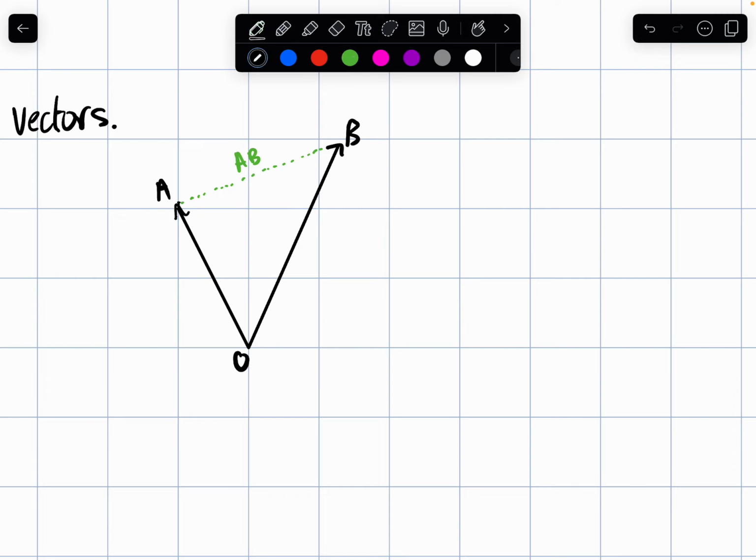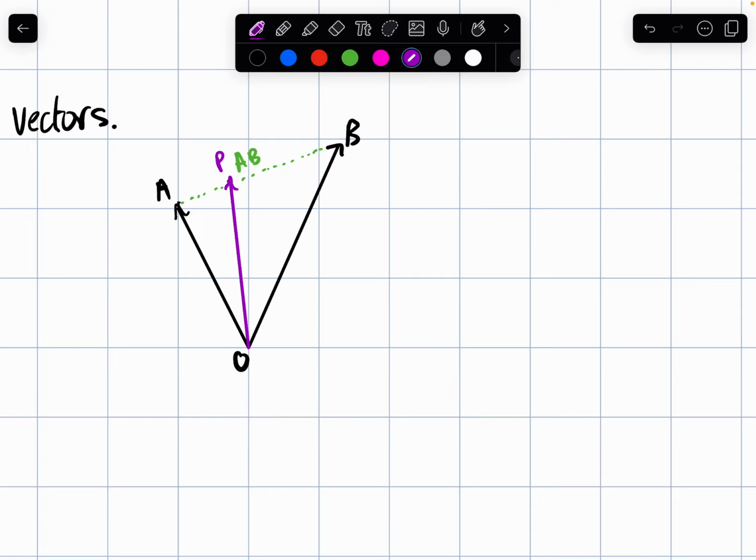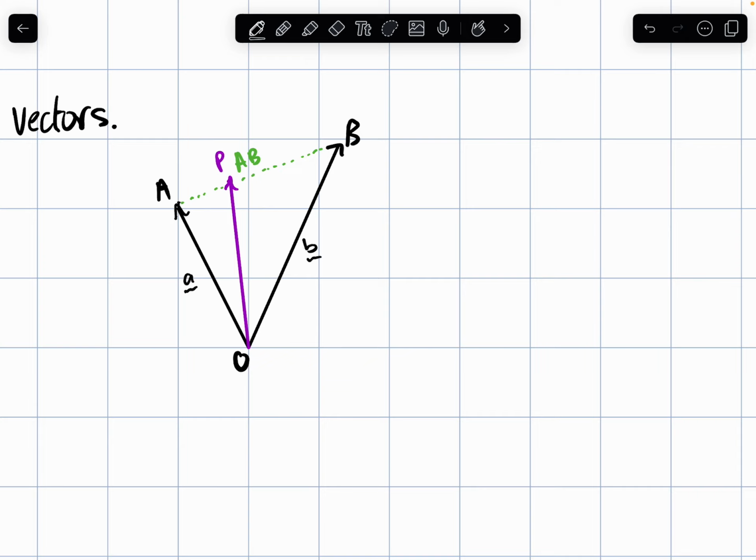And we have a third line, I'll use purple, up here, and that's P, point P. And then label these vectors, so OA, this line here we'll call A, OB we'll call B, and then P we'll call P.